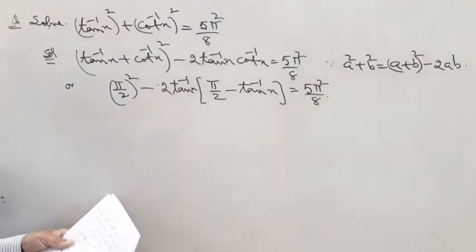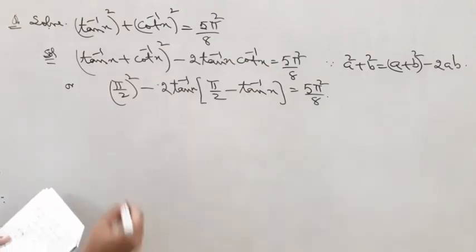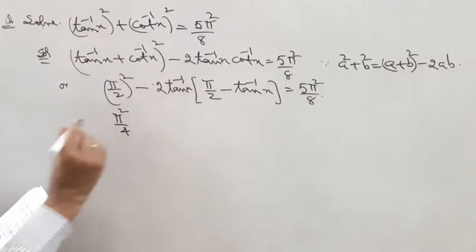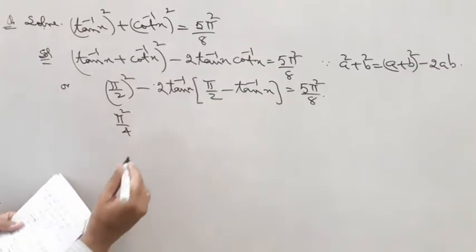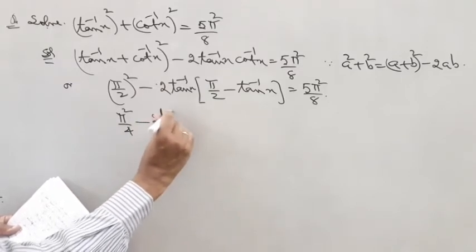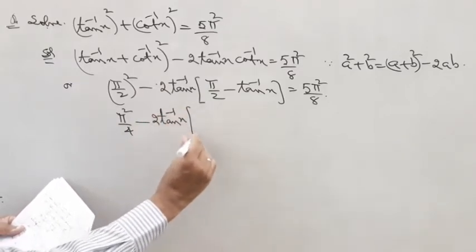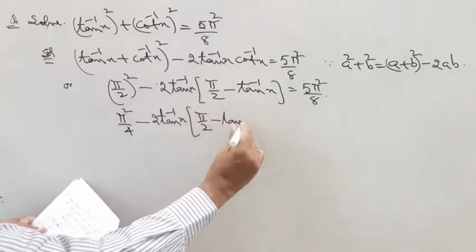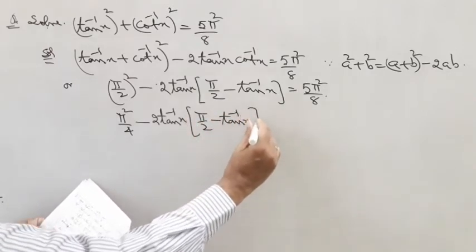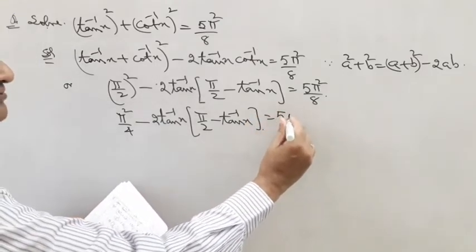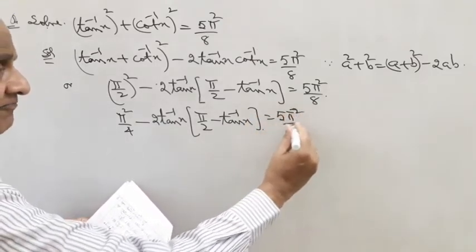Check out. See, this becomes here pi square by 4 minus 2 tan inverse of x into pi by 2 minus tan inverse of x is equal to 5 pi square upon 8.